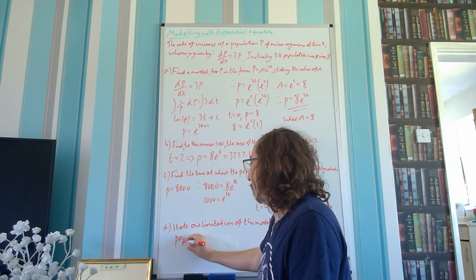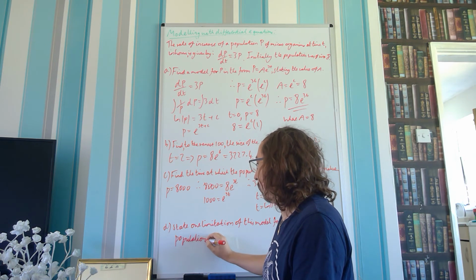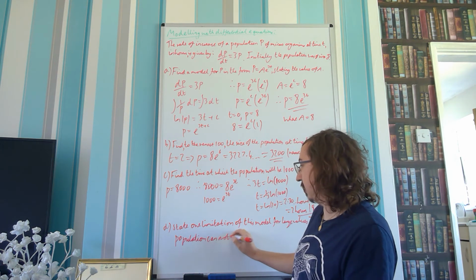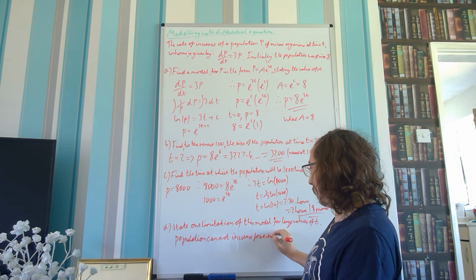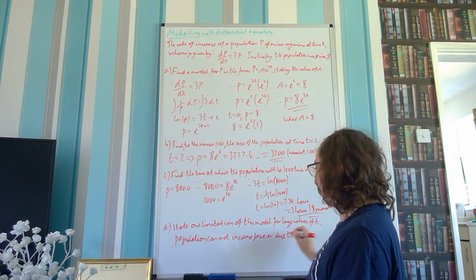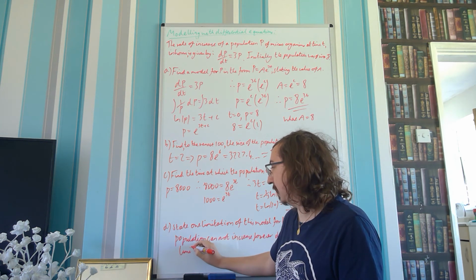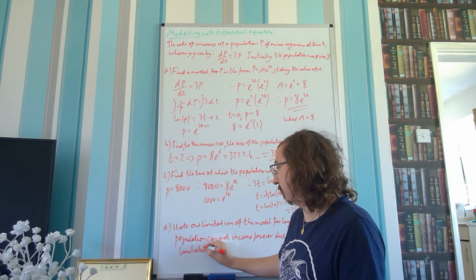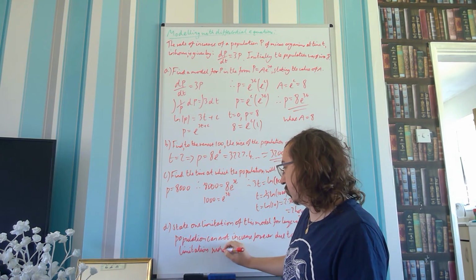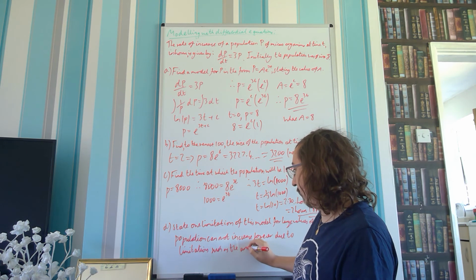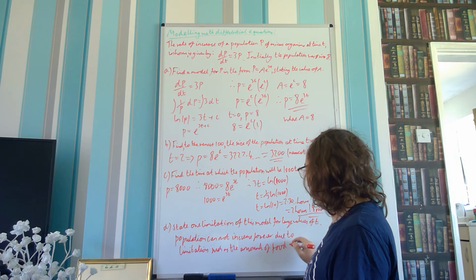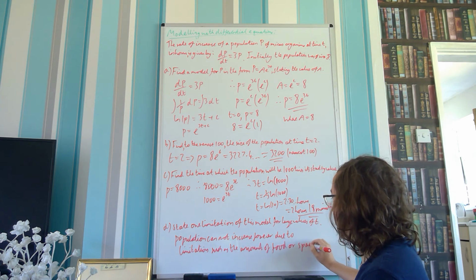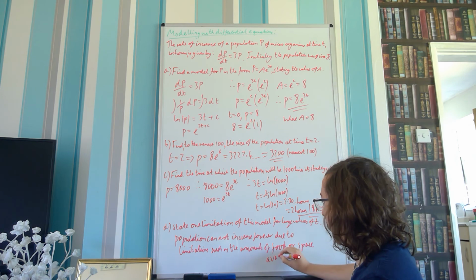So you can state that the population cannot increase forever due to limitations such as the amount of food or space available.